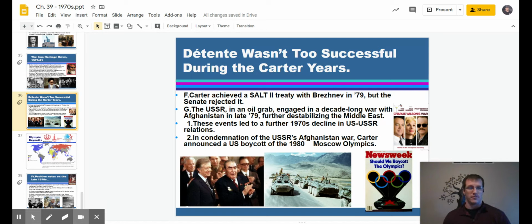So in terms of our dealings with the Soviet Union, you have this treaty that was negotiated but then rejected by the American Senate, and then the American public looks at what the Soviets are doing in the Middle East, don't like that, and this just continues to lead to a further decline in American-Soviet relations.